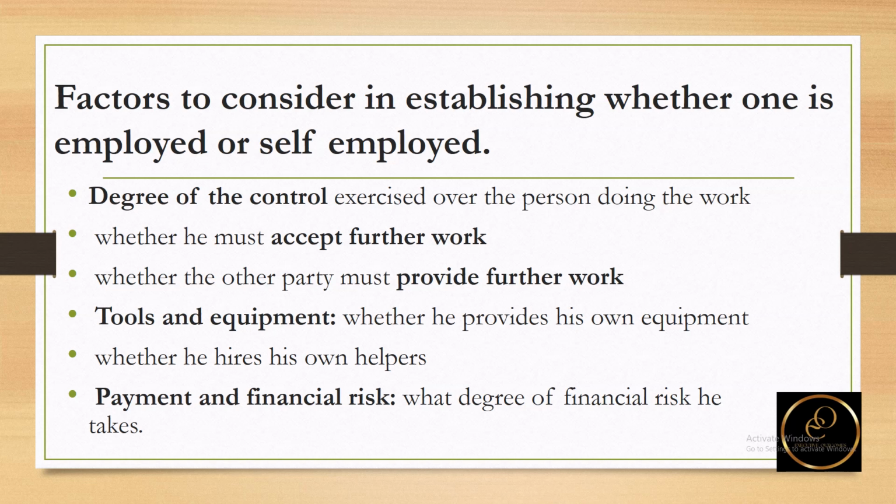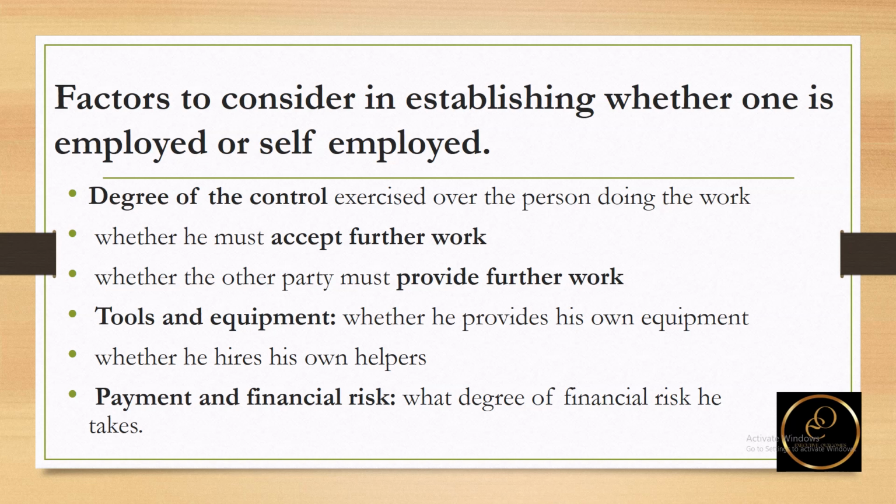Whereas for the self-employed, that's not normally the case. Once the contract is awarded, the contractee will know what time to report and what time to knock off. No one will say you have knocked off much earlier than you are supposed to. So there is a degree of control consideration here that helps us distinguish between employed and self-employed.